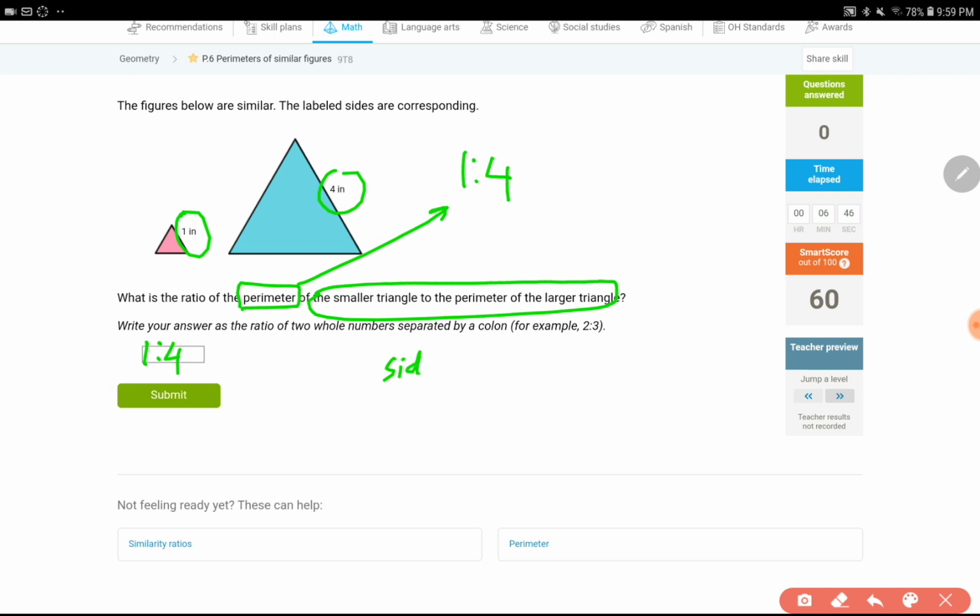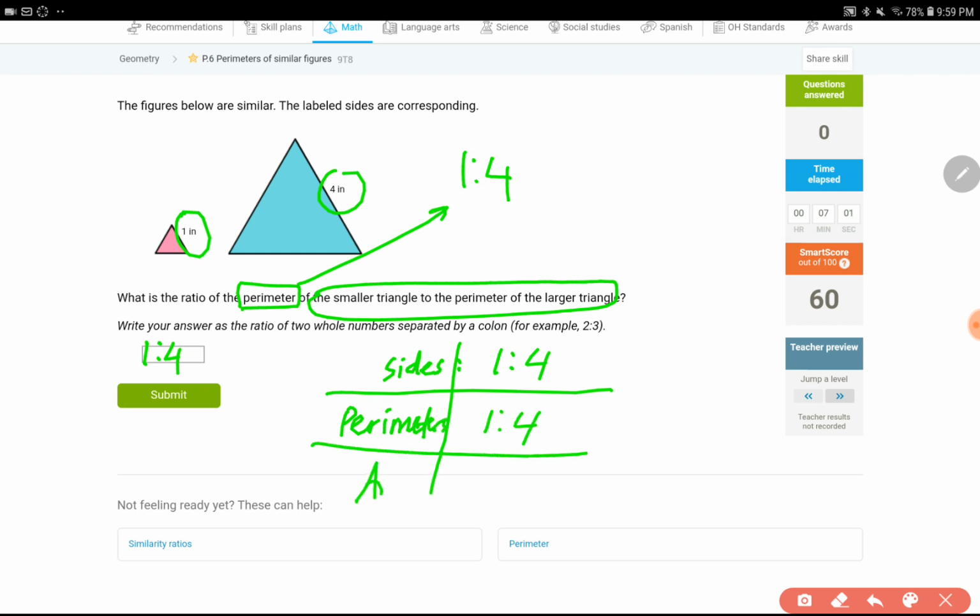So here is a comparison table. Sides have a 1 to 4 ratio. Perimeters have the same ratio. If you had a question about the areas, I really hope that you remember this right now, you would square the first number and you would square the second number. 1 squared is 1, 4 squared is 16.